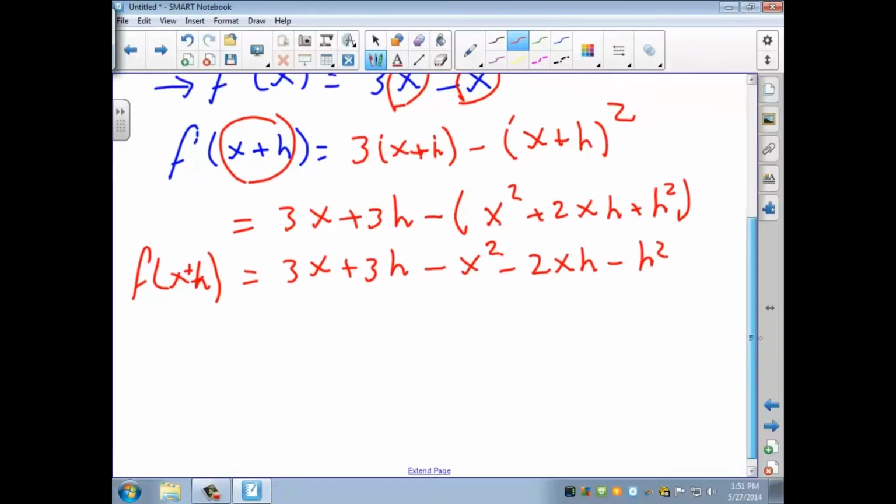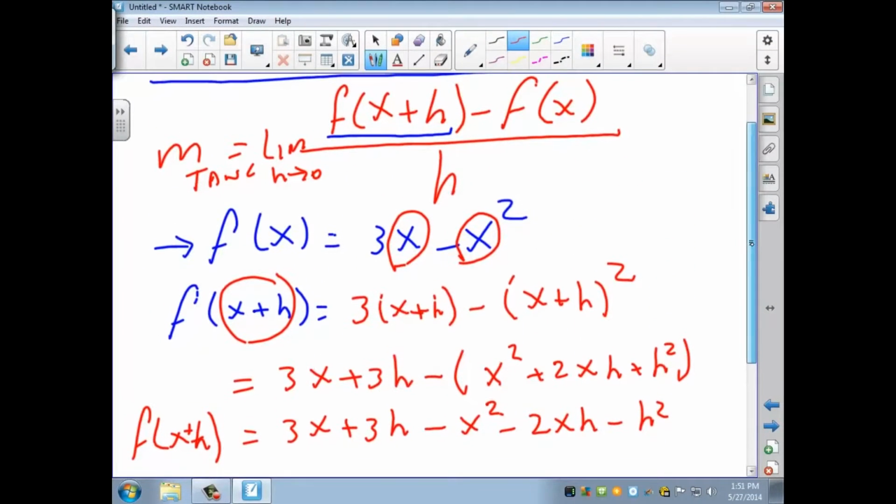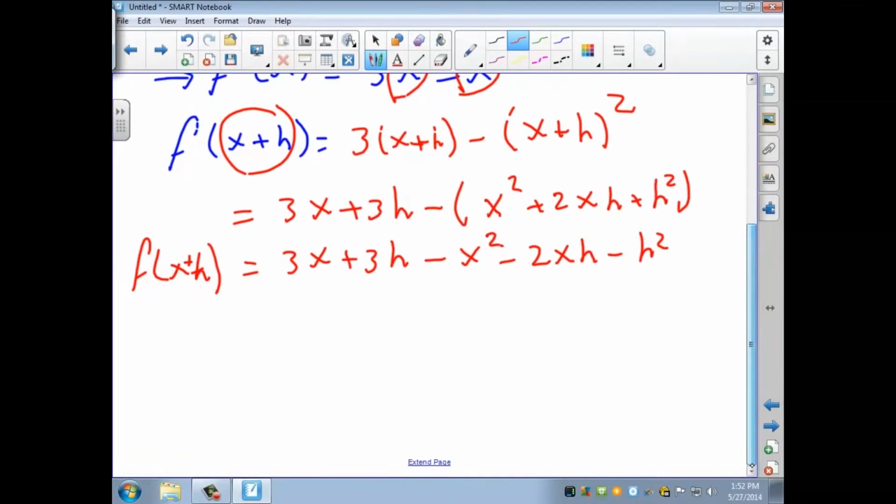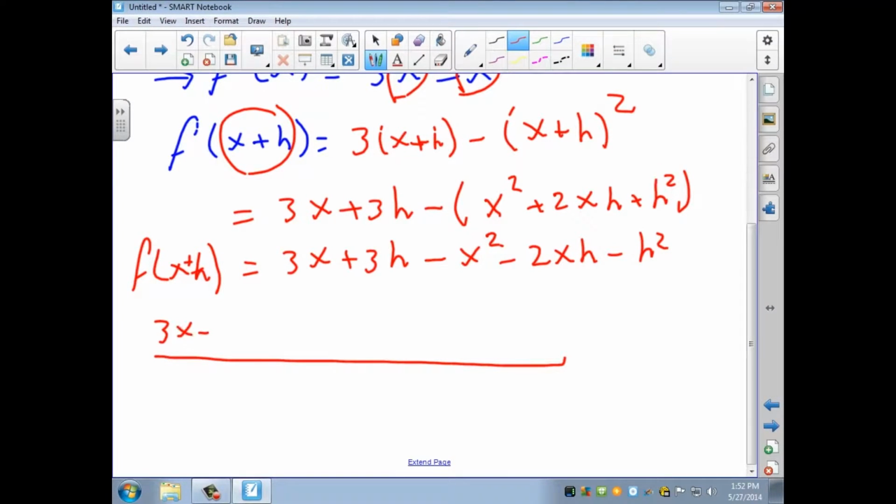Back in the formula, you're going to plug it into this formula, the slope of a tangent line. In the formula, f of x plus h is this whole thing, 3x plus 3h minus x squared minus 2xh minus h squared.